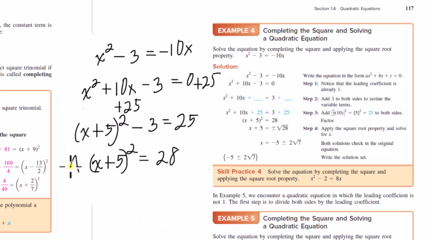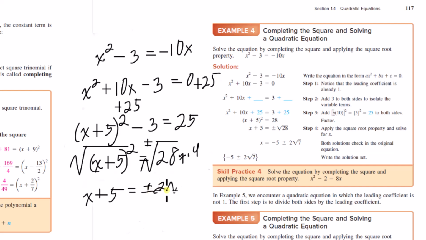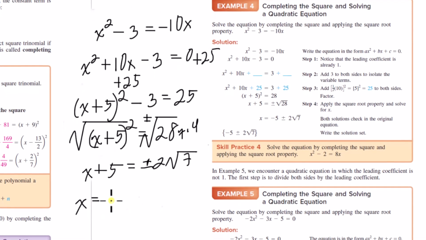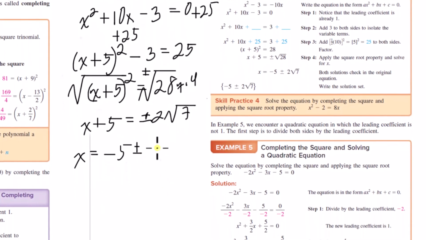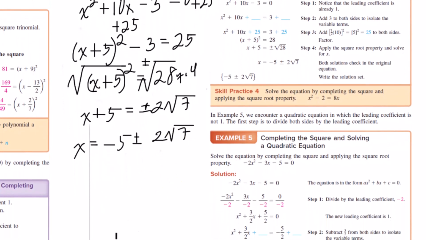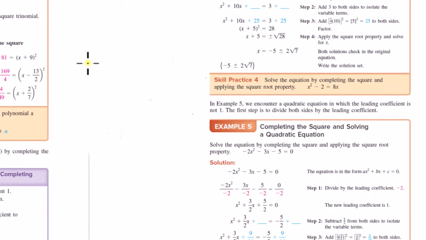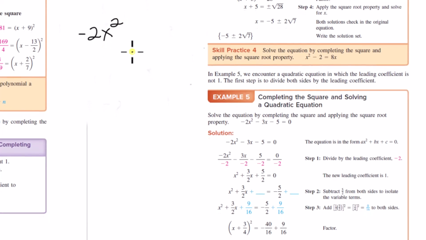Okay, so now we can apply the square root property, and we get x plus 5 is equal to, so 7 times 4 is 28, so we can take out a 2 here. Okay, now we can subtract 5 from both sides, and there we go.